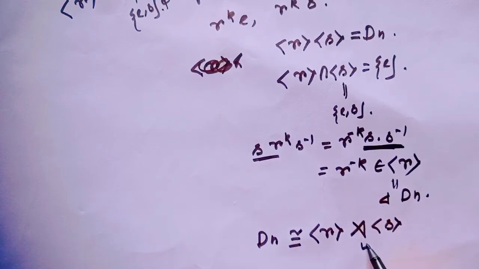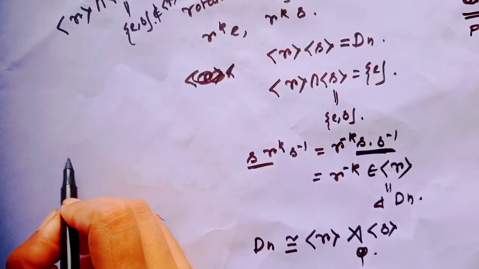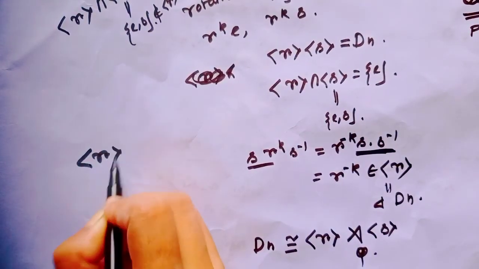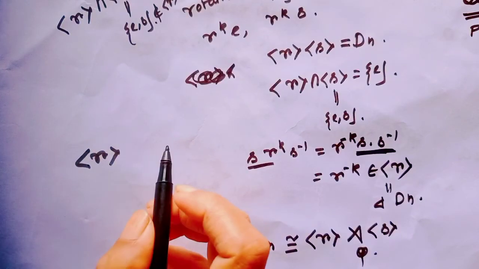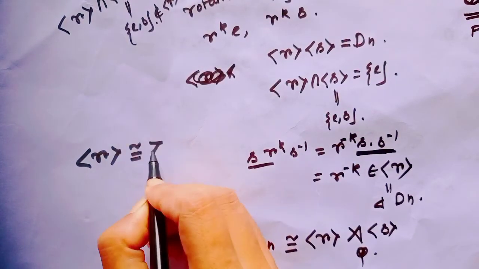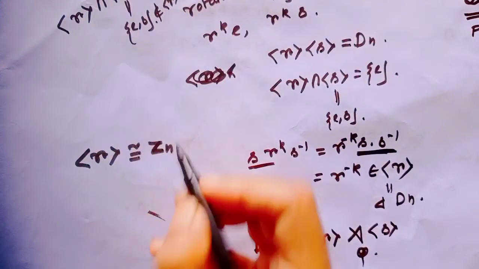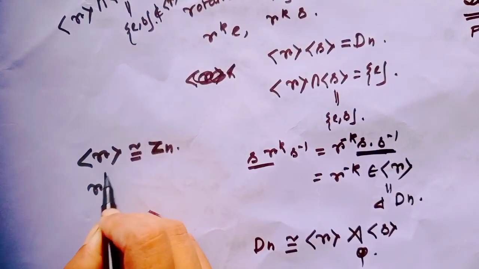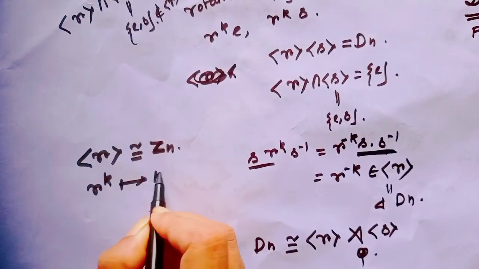with homomorphism phi. Okay? Well, actually in particular the subgroup generated by R, which is all rotations, we all of us know is always isomorphic to Zn, and the mapping looks like r to the power k maps to k.